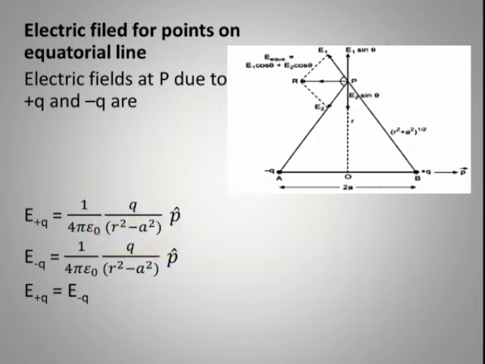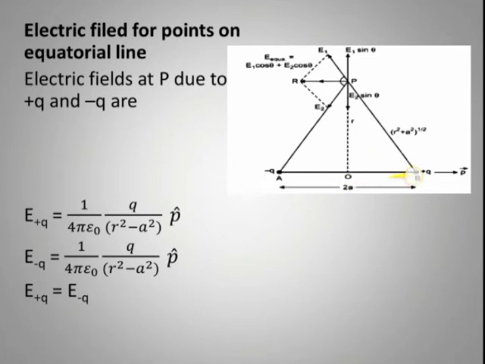I cannot just write r square, can I? So from the charge to point P, I can take the Pythagoras theorem, where the two sides are squared and added: r square plus a square.